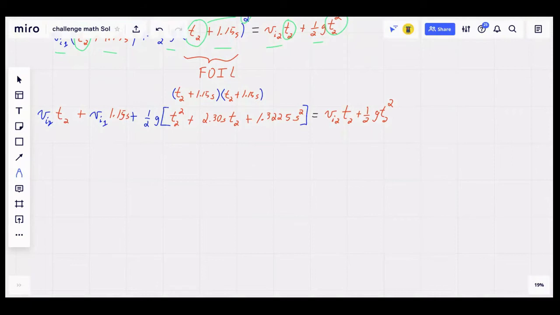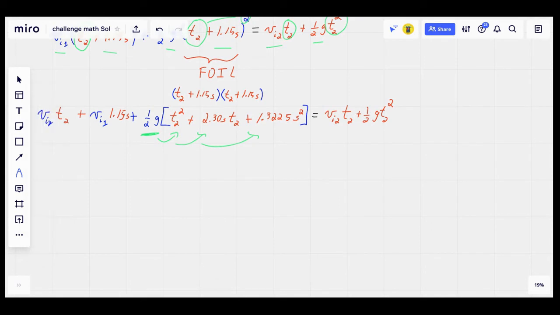Now I need to multiply the 1/2 g all the way through here.